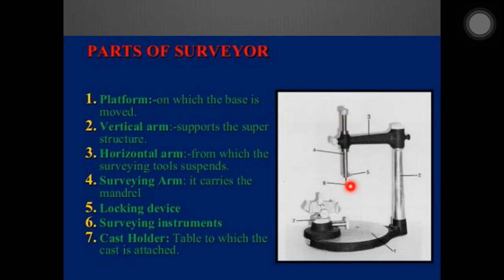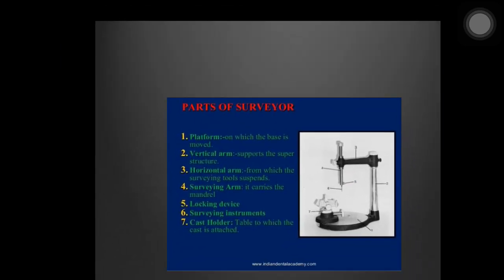The surveying arm carries the mandrel, which carries different types of surveying instruments. Locking devices are also present to fixate the surveyor in a specific position. There are surveying tools, instruments and cast holders as well.